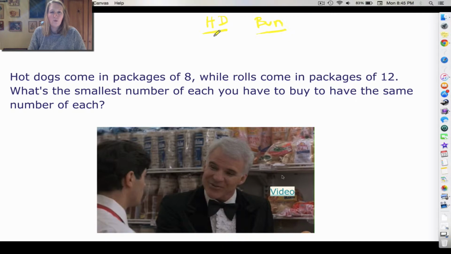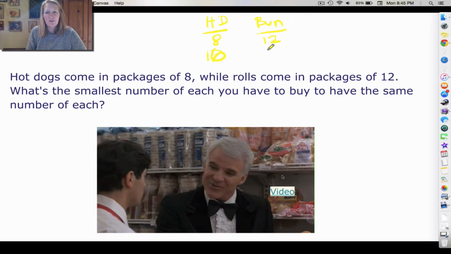If he bought one hot dog package, he would get 8 hot dogs. And if he bought one bun package, he would get 12. So let's try to figure out how many of each he has to buy in order to have an equal amount. Okay, if he bought 8 more, he would have 16.